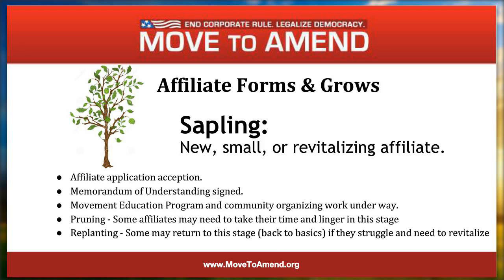So as your affiliate develops and grows, you'll become what we call a sapling, where you're new, you're just a small group with about 4 to 5 members within your local core group, but you may have at least a few interested volunteers and supporters within your community who might show up to the regular events, maybe infrequently, maybe not. And this is also a place where we've already accepted your affiliate application.